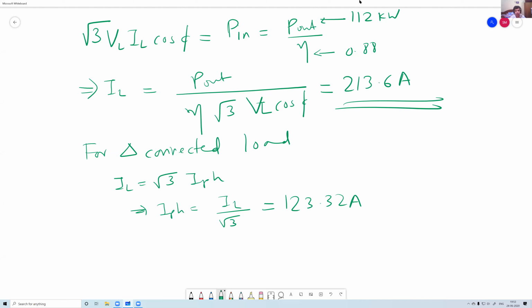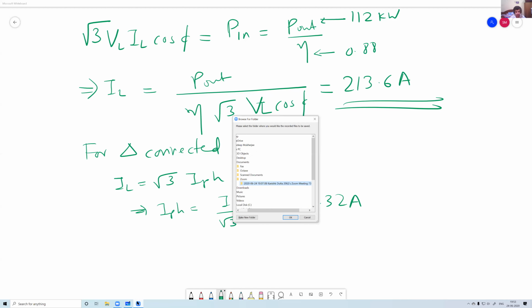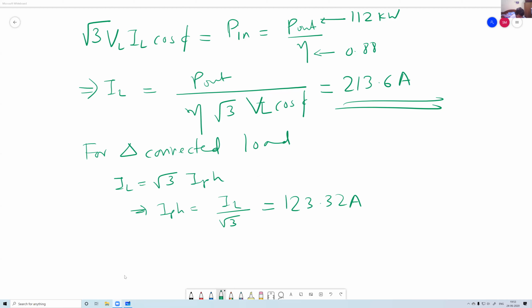What is the third one? Third part is active and reactive components of current in the motor phase.